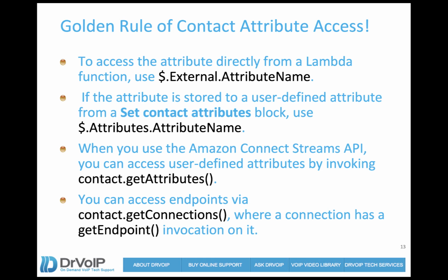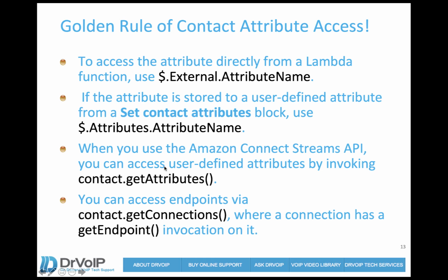We set the contact attribute to give it a name, and we refer to it as $.external. Whatever that variable name is, the attribute name, that's what you're going to put after that. So $.external account code, okay?